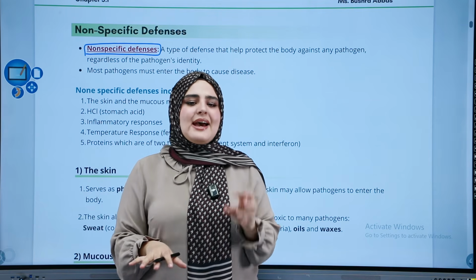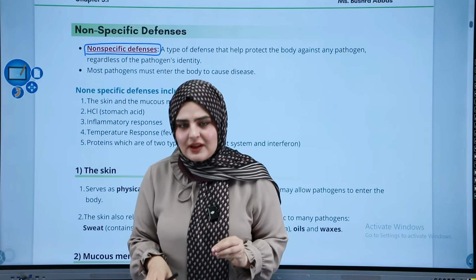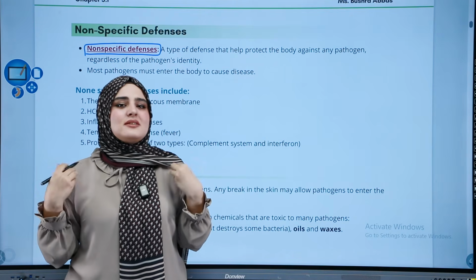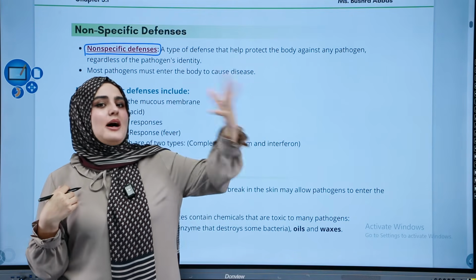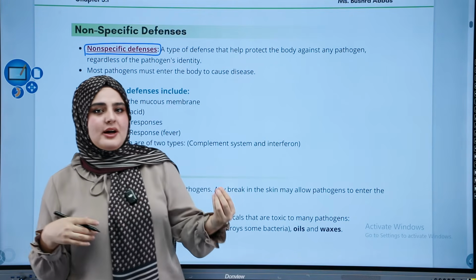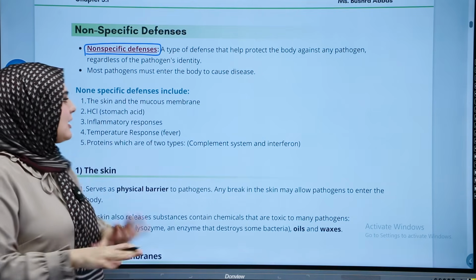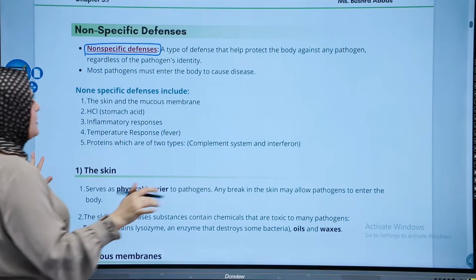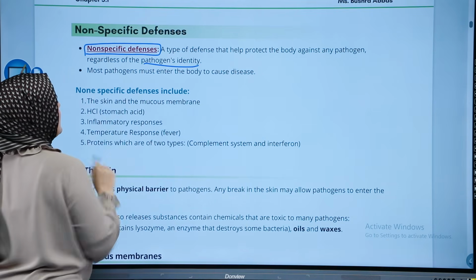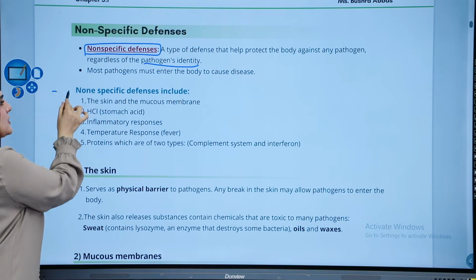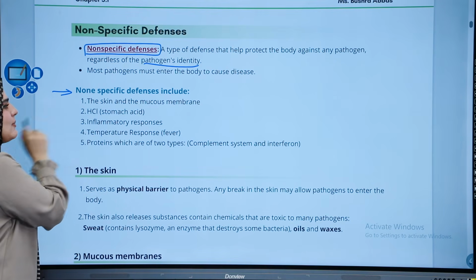No, we don't care. As long as it is something that our body knows it's not from us, it is from outside, it is a foreign body, it's going to attack it, regardless of the identity of the pathogen, like here it says. Non-specific defenses is for next lesson, but let me give you a heads up.